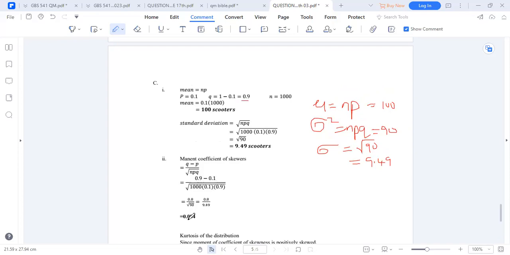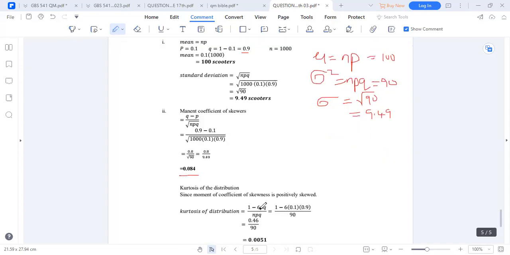And the square root of that, we found 0.084. Then the kurtosis is 1 minus 6PQ over NPQ. So our PQ, 90% times 10% over our variance. The variance here, I've already explained, is the 90. So that's where the 90 is coming from. Is that clear? Any questions so far?